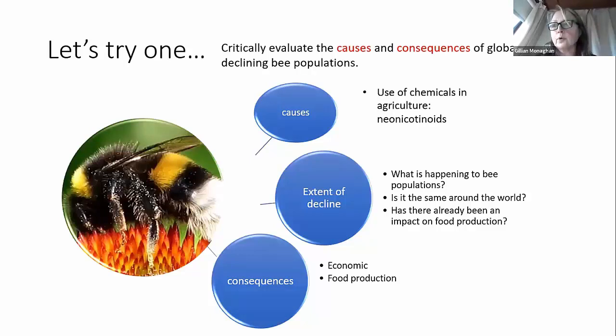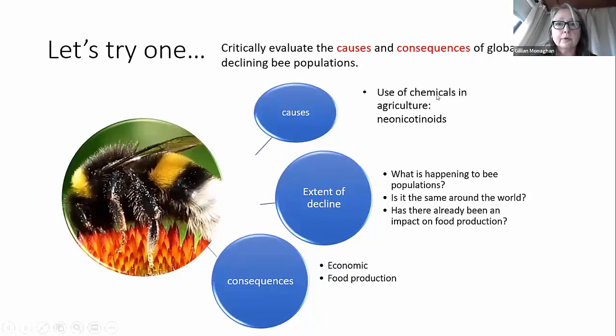I know that people talk about different ways of farming, large farms, the reduction of hedgerows, urbanisation, the native habitat of bees being encroached upon by man. But let's focus on these chemicals to start off with.